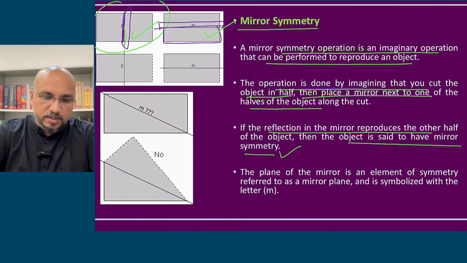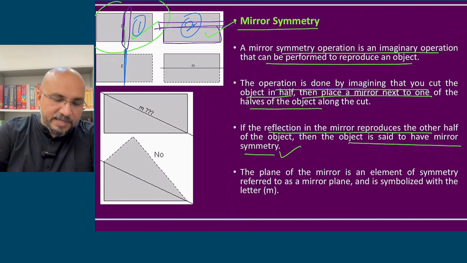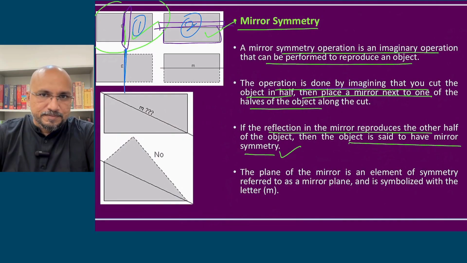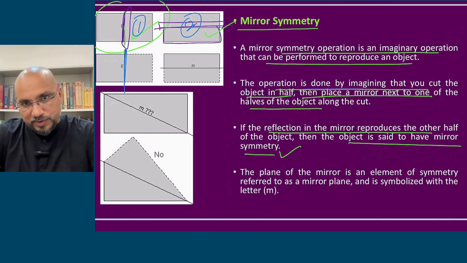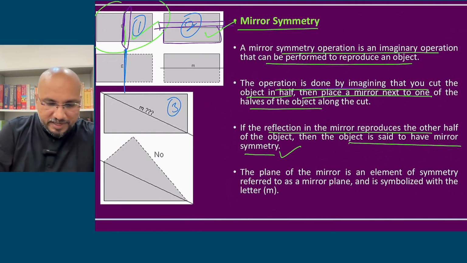In the first two cases, the first and second, you have mirror symmetry because when you place a mirror at the center you get the exact half. The image produced in the mirror reproduces the rest of the half. But in the third case, look here, you have cut diagonally.